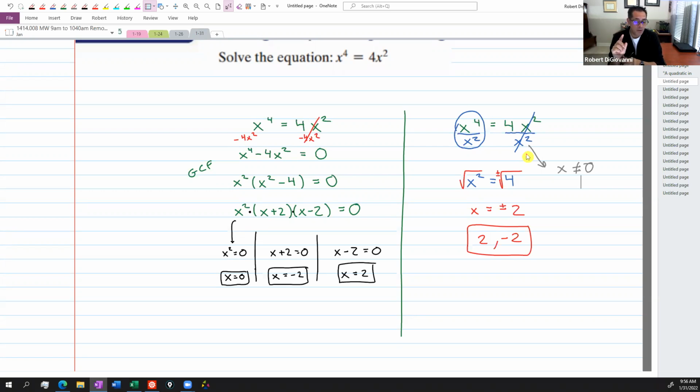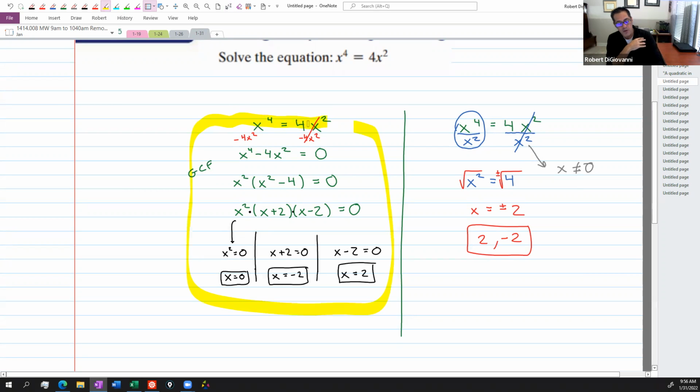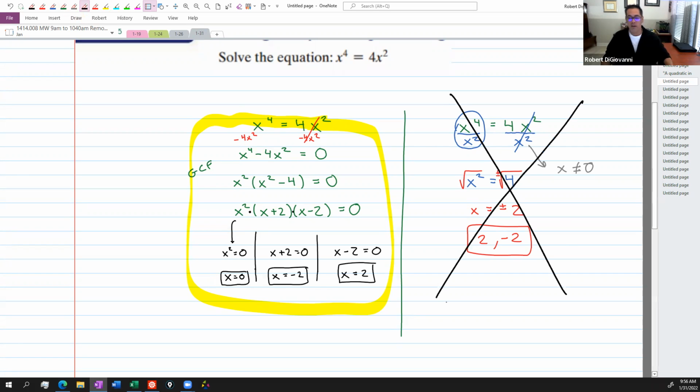So the best way to approach the problem is to do it this way over here, which is instead of trying to divide through by the variable, move everything to one side and then do a GCF. That's the way to go about it. Then you won't lose any answers. So just be careful with that. That's the whole point of that problem, to show you the difference between the two approaches, and that one of them leads you to something wrong because you're missing an answer.